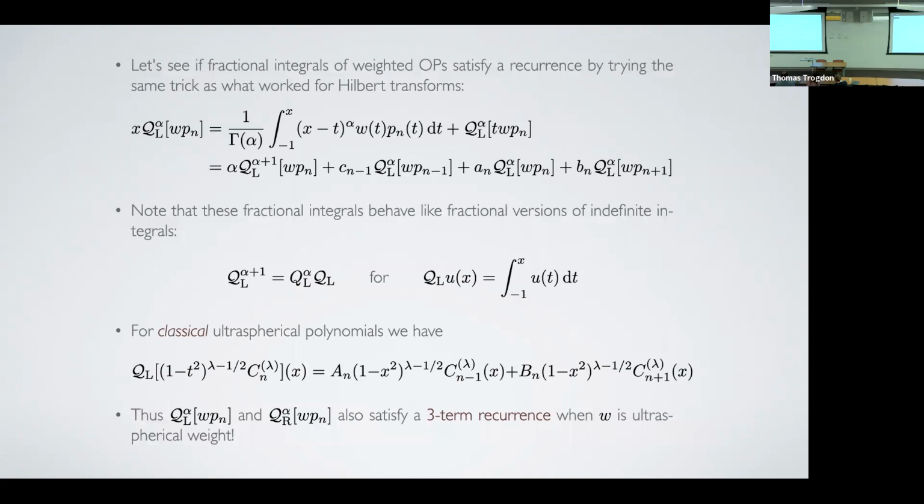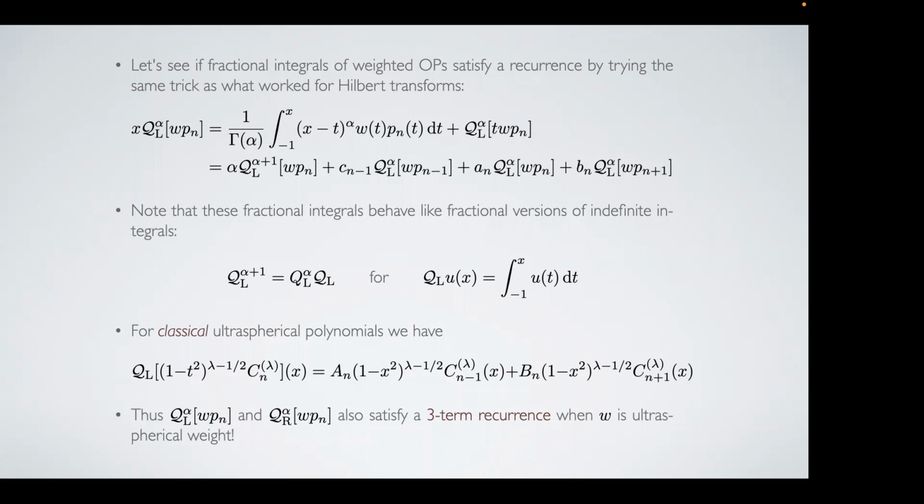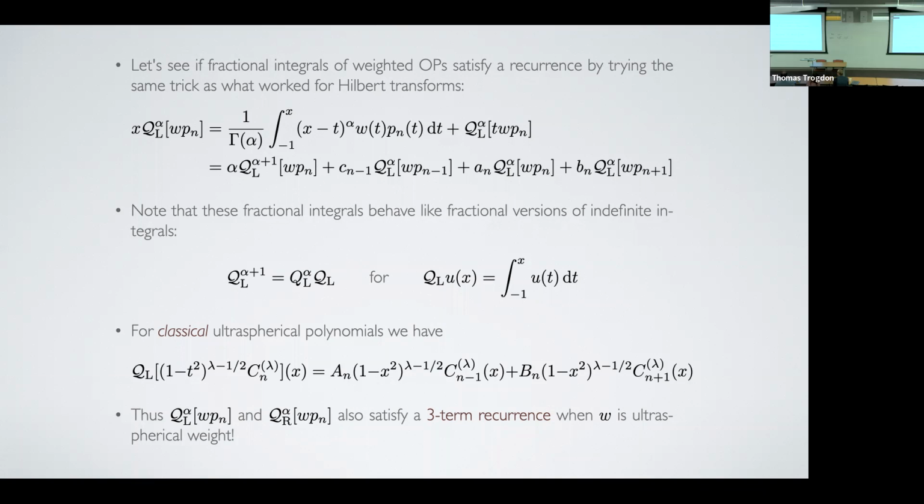Okay, well, let's try that same trick that we did for the Hilbert transform. Let's multiply this left-sided fractional integral by x, do x minus t plus t. This term, we know the 3-term recurrence, so we get that. And we're left with this, but instead of alpha, it's alpha plus 1. Okay, so it didn't quite work out as nicely as the Hilbert transform. But these are fractional integrals, so integrating of alpha plus 1 is the same as integrating of alpha and integrating once.